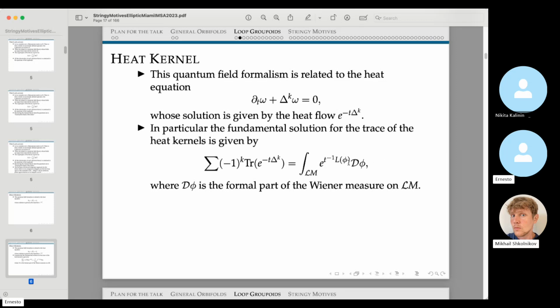This is the relation between the Feynman integral and the spectrum of the operator. And again, if M is 1-dimensional, you can do it with the Wiener measure and so on. If M is higher dimensional, it's much harder.